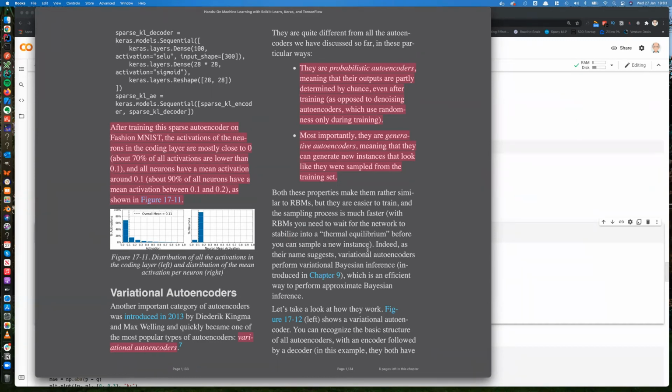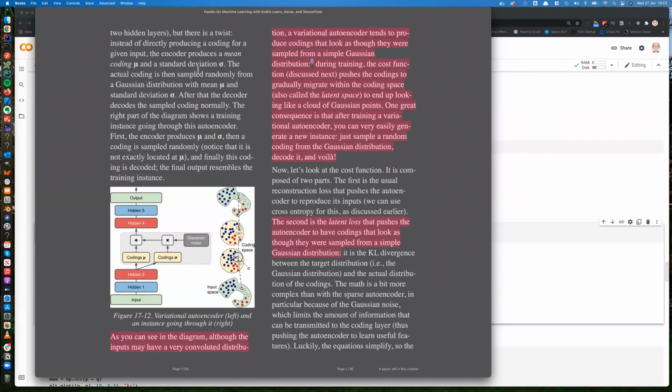Okay, and then we carry on, and there is a diagram of a variational autoencoder. We've got an input, a hidden layer, and another hidden layer. And then the outputs are two sets of codings: one is a mean and the other is a standard deviation.